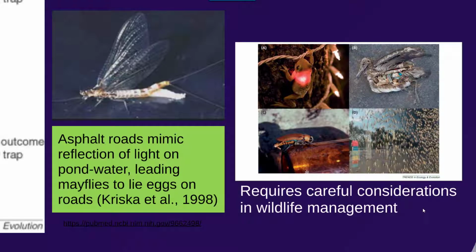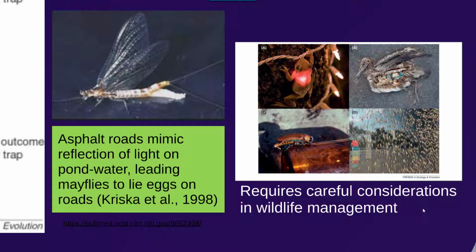Of course, there's many examples of this that are influenced by humans. In the upper left-hand panel here, we have this frog that is misidentifying a light as a source of food.